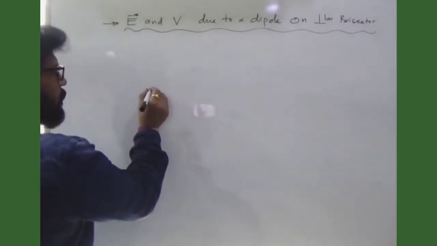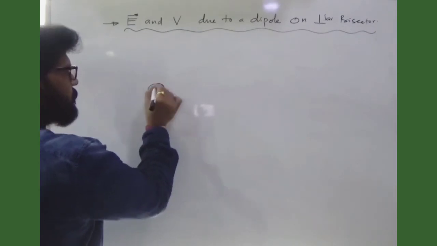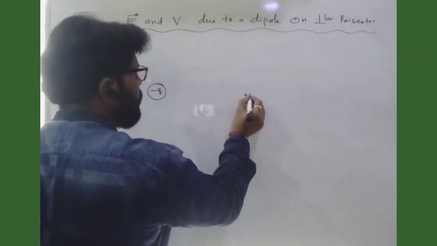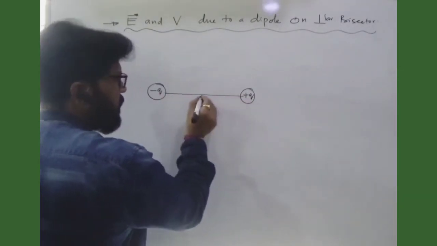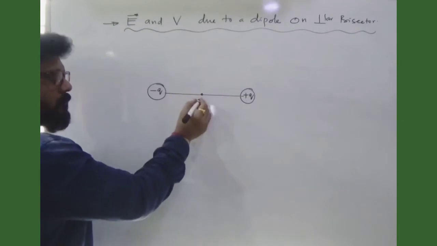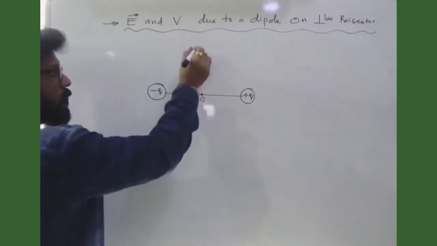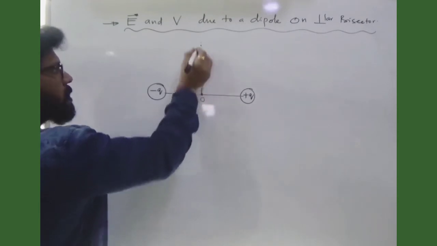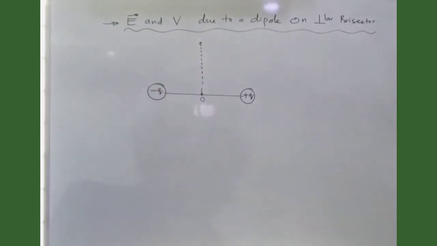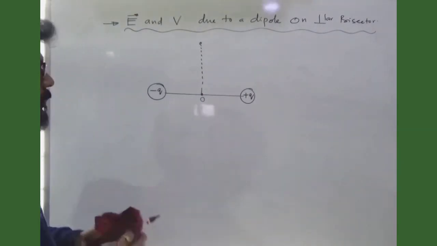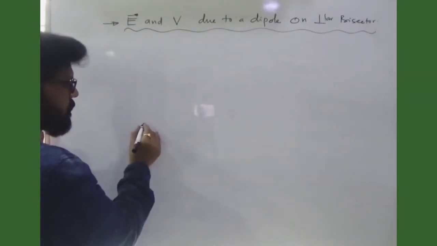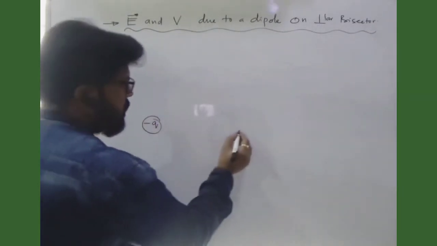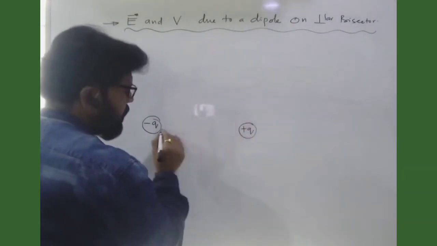Now I'll take one negative charge and a positive charge separated by a certain distance. This is the center point, O. Let me draw a little lower so you can see it clearly. Negative charge here, positive charge here, separated by a distance.